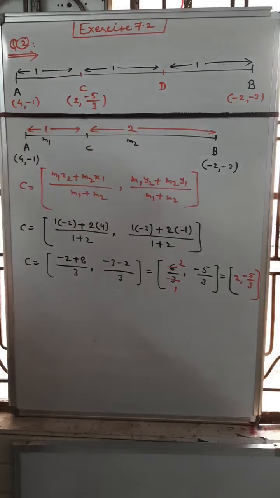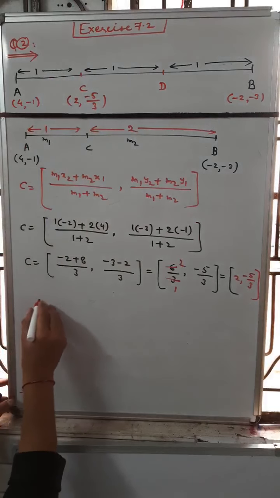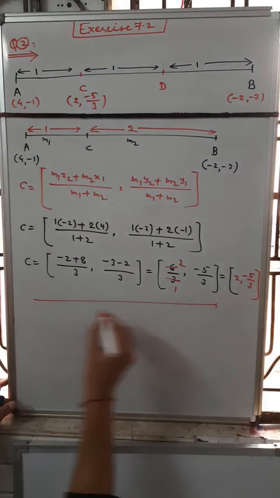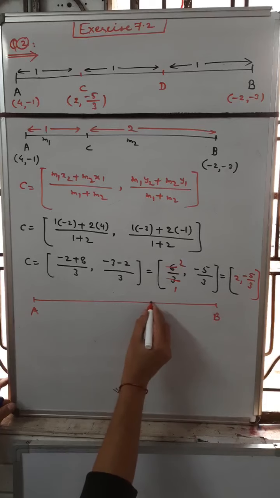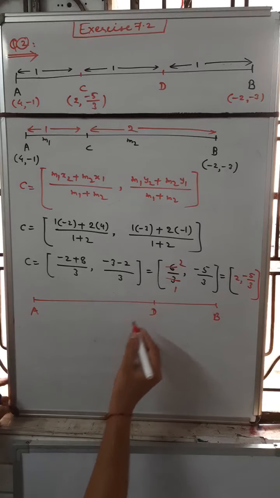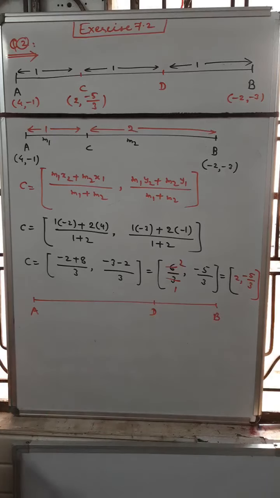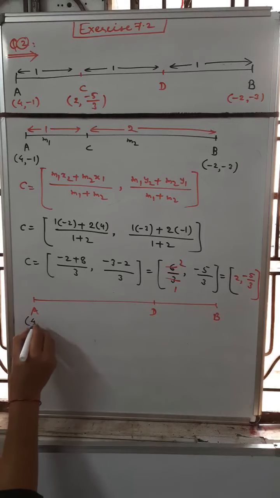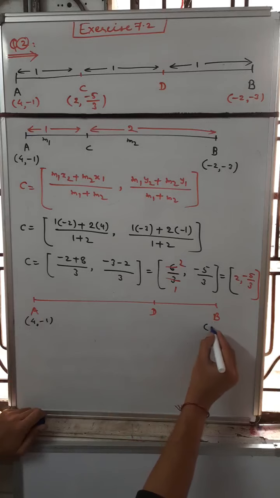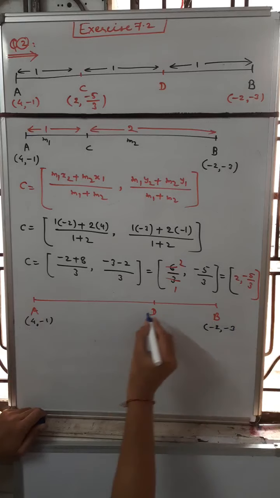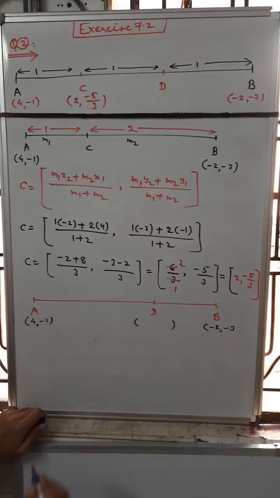But if we don't want that, we will take the line AB again. Here D is situated. So A is equal to (4, -1) is given, and B is given (-2, -3). Now we have to find out the coordinate of point D.